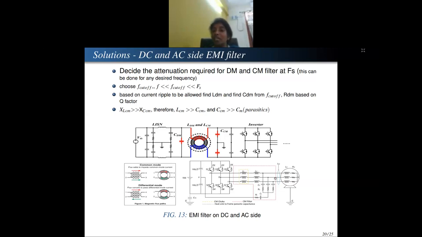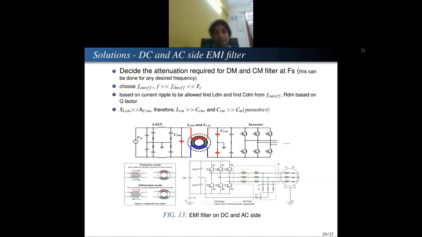So you decide the attenuation at Fs and choose the F cutoff for both differential mode and common mode. The F cutoff has to be greater than the fundamental component, that is 50 hertz, and much less than your switching frequency, because you would like to attenuate from 50 hertz to the switching frequency and further high frequency components.